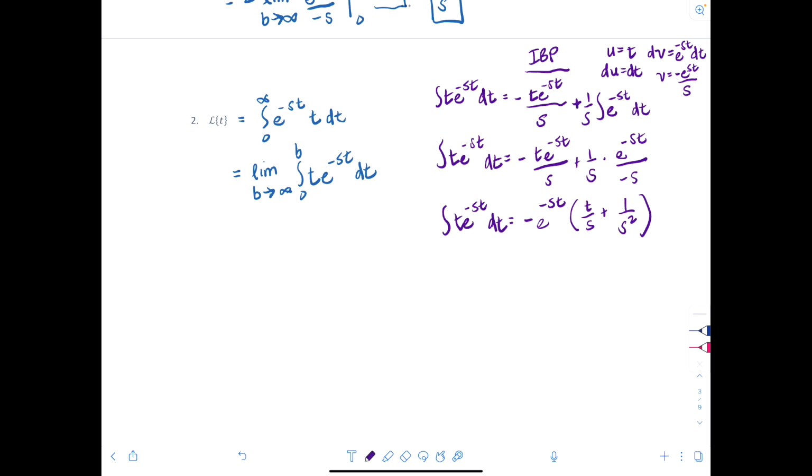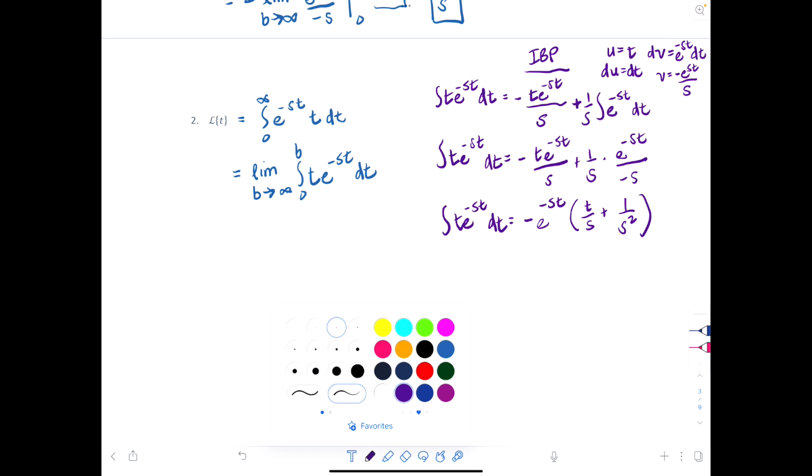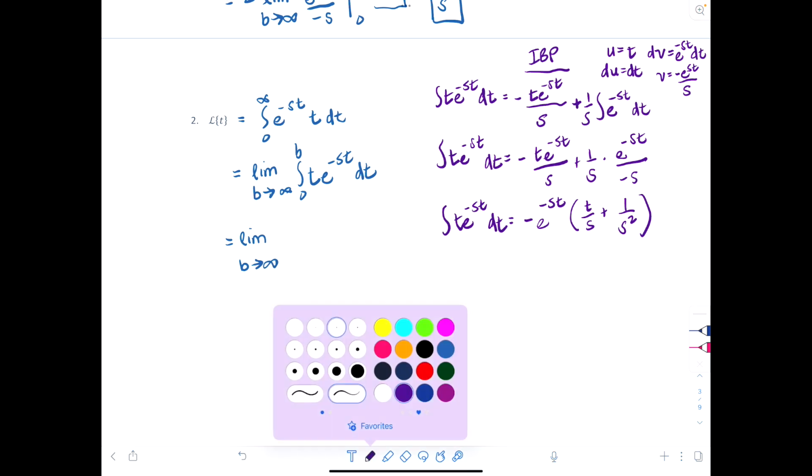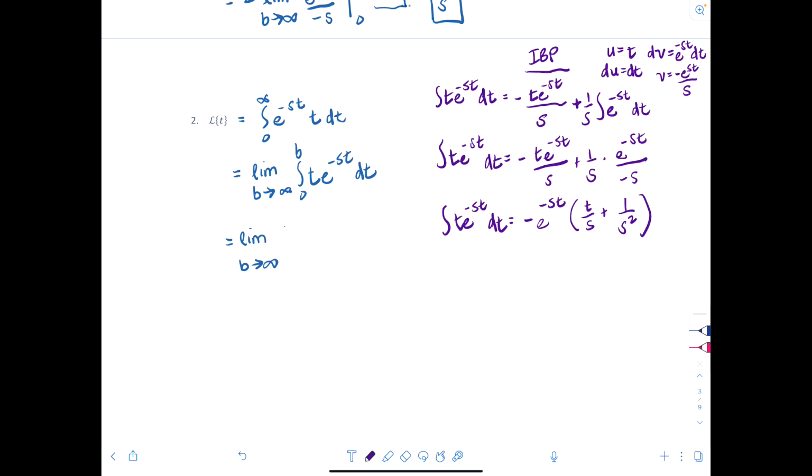Okay, so putting it back over here, this will be equal to the limit as b approaches infinity of, so we'll plug in what we found, and that was negative e to the negative st times t over s plus 1 over s squared. And that's going to be evaluated from 0 to b.